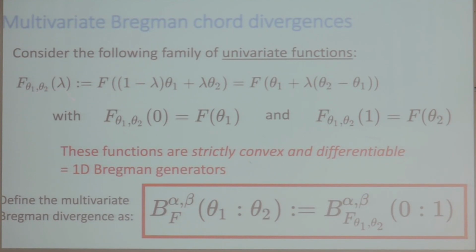So lambda will be a scalar, and θ1, θ2 will be vectors, and I will basically define this function. Okay, so I have a multivariate function, and this becomes a scalar function. And you can show that this function, of course, at 0 is f(θ1) and at 1 is f(θ2), and it's also a scalar convex function. So it's a proper Bregman generator, and then you use the formulae to define the multivariate Bregman chord divergence as follows. Okay.